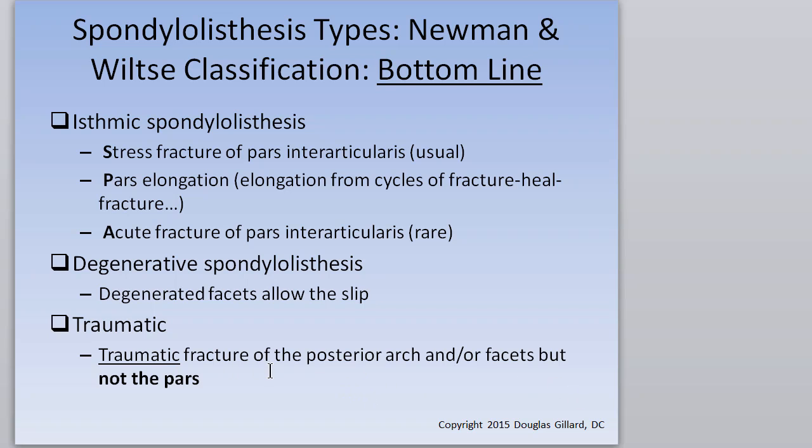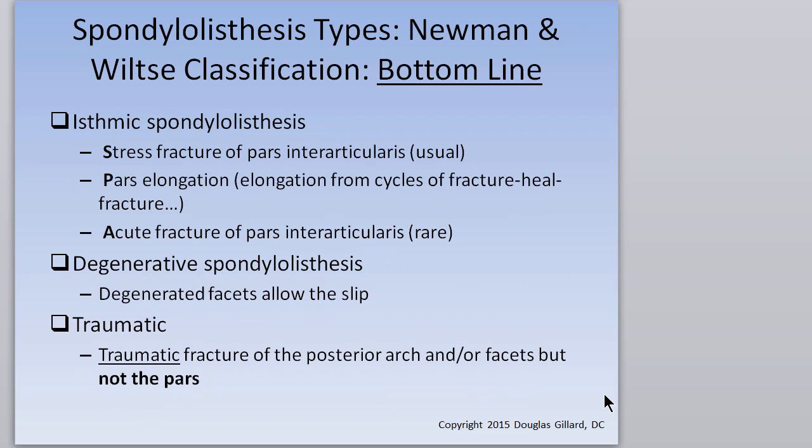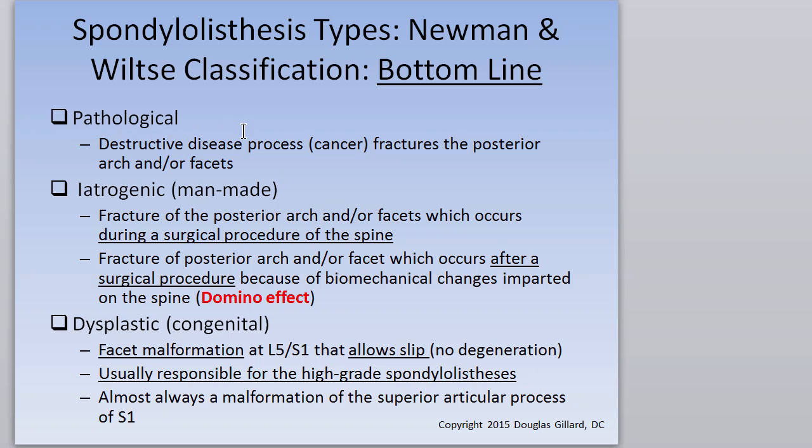So that's a fracture of the posterior arch or the facets, but not of the pars. Because we have an acute fracture, you can get an acute fracture of the pars, which the research says is rare. Pathological. You can read through these, but know these.